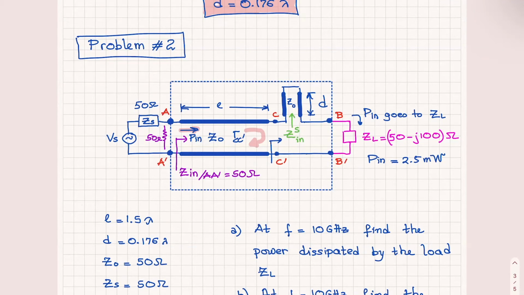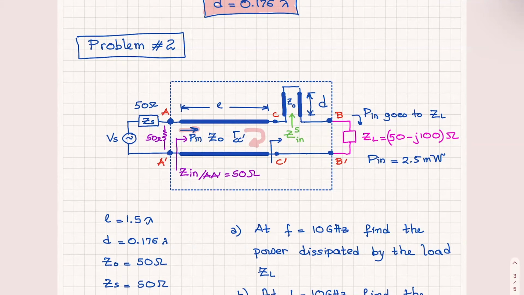And since ZL has both a real and an imaginary part, all of these 2.5 milliwatts are going to be absorbed by the real part of the impedance, which is probably a resistor.